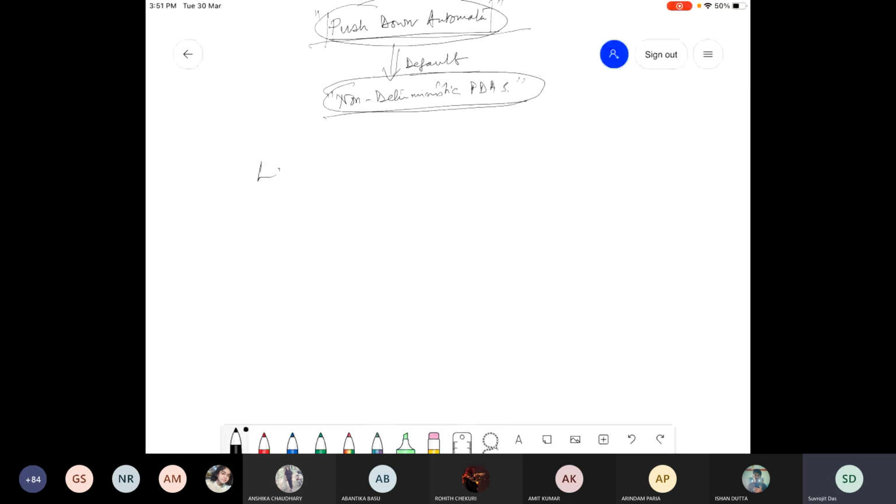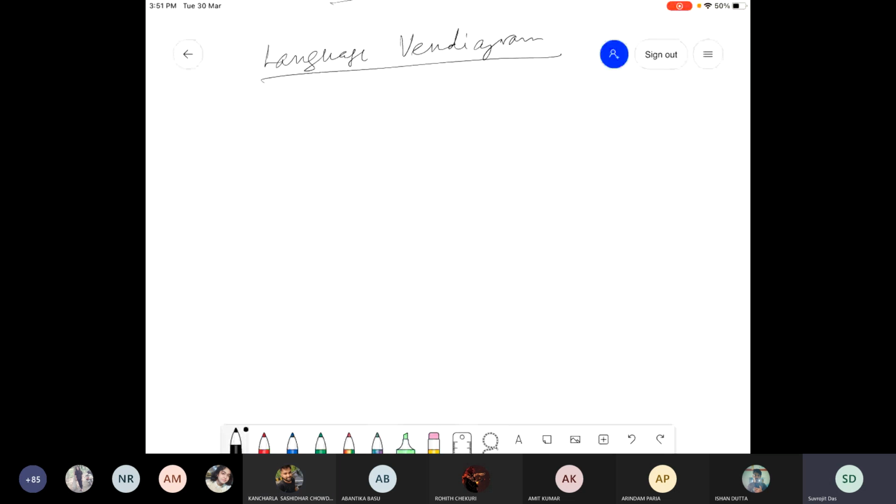Now let us come back to that language Venn diagram that I had already discussed in previous classes. To classify pushdown automata and fit it to the respective language class, revisiting the language Venn diagram is very important.